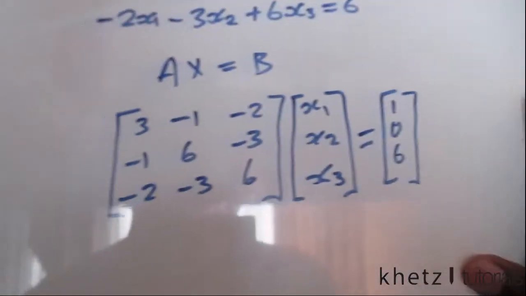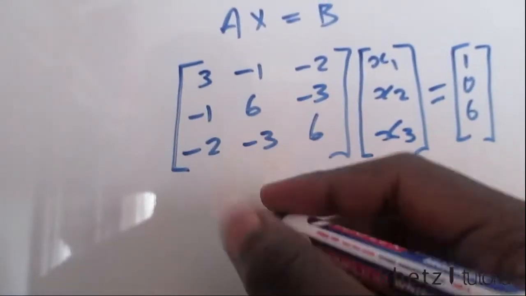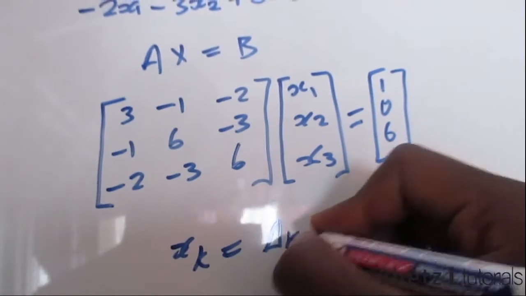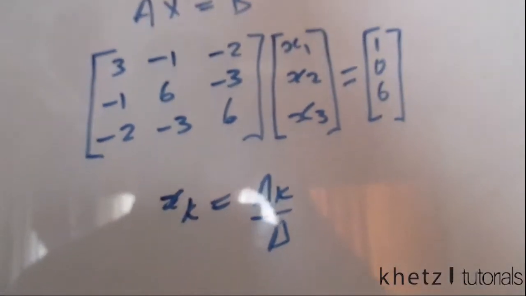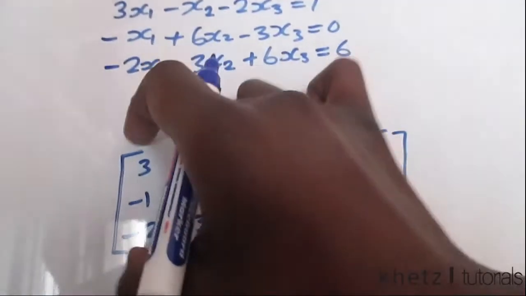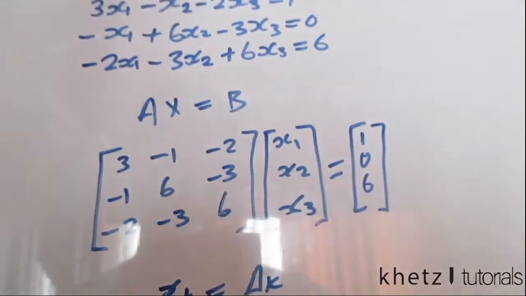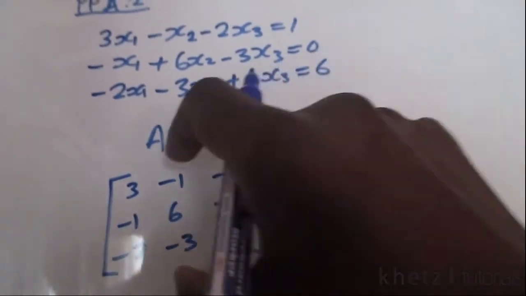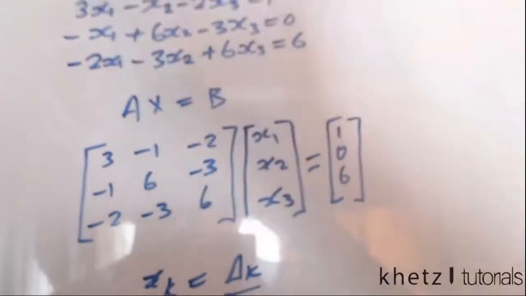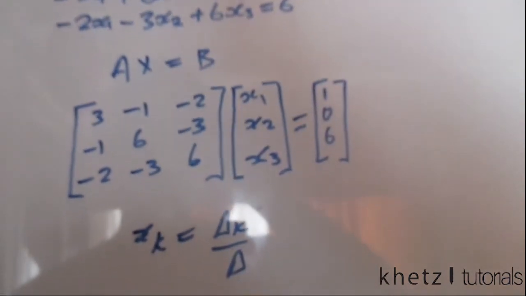So let's recap. Cramer's rule says this, right? If you want to find x1, you move this column to the first column. If you want to find x2, you move this to there. If you want to find x3, you move this to there, and find the determinant at each of the points.